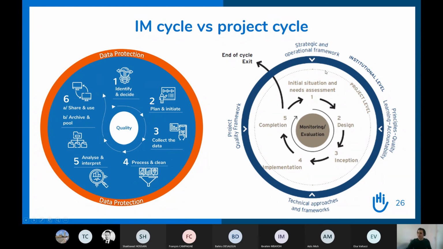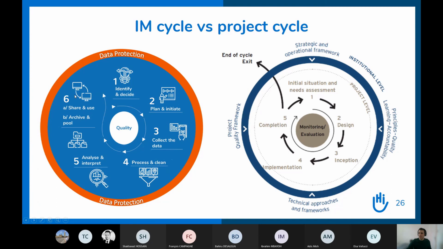For instance, if you are in the initial situation and needs assessment, maybe for the needs assessment you will have to do a needs assessment survey, and for this survey, actually you are going to do the whole cycle. You are going to decide what kind of information you need, plan your data collection, collect your data, process the database, analyze the results, and use the results.